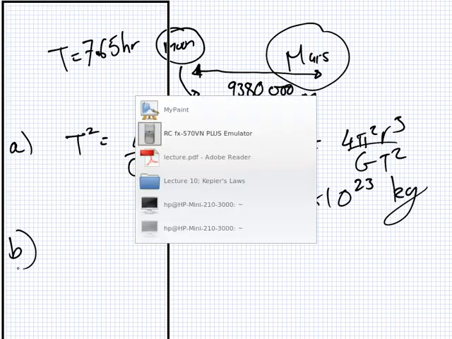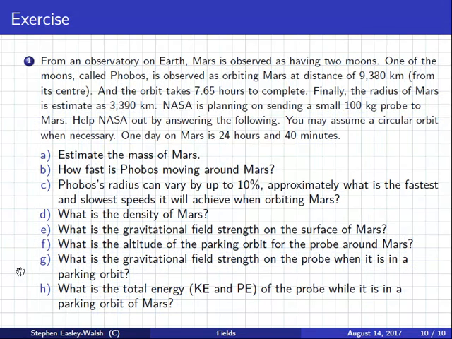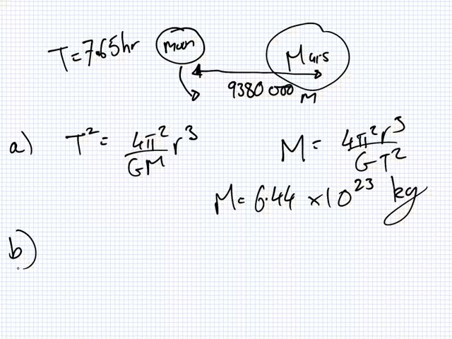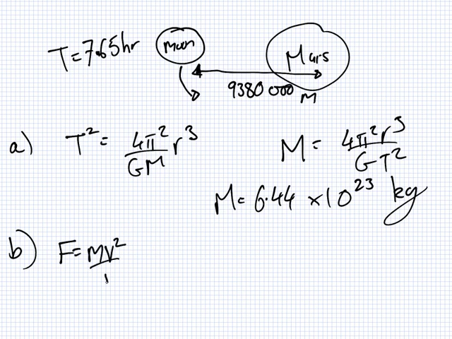B, speed of Phobos. Okay, so we could use this formula, F equals mv squared over r, which equals GMm over r squared. Yeah? Oh, I just realized we could use the omega r one because we have the T, don't we?